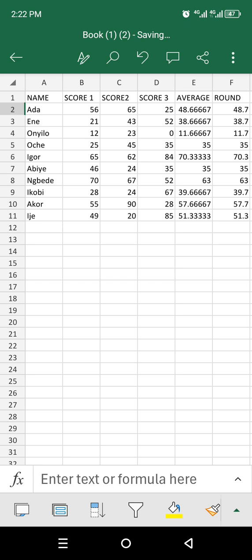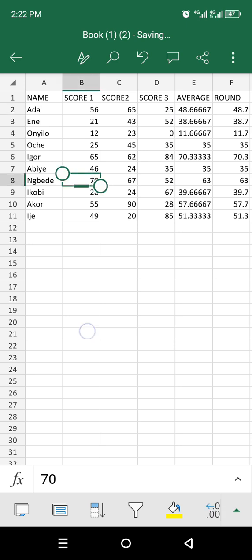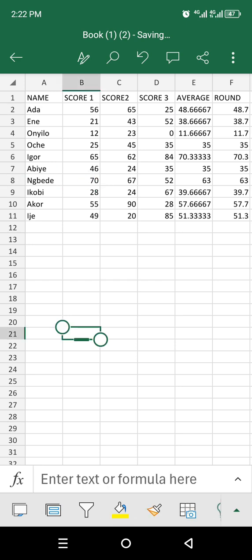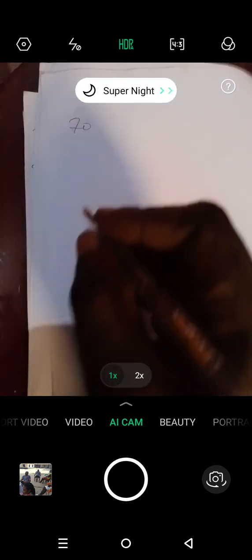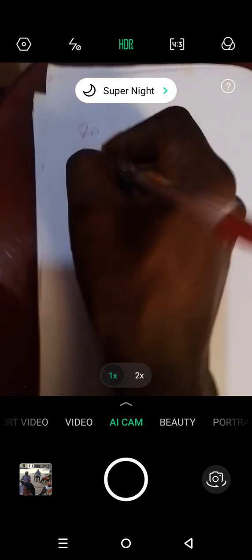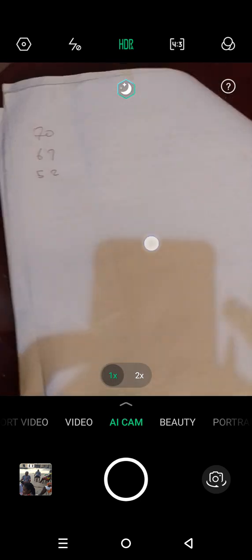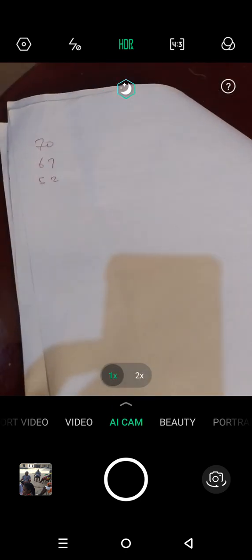Let us say in our number 8 here, if we pick the numbers 70, 67, 52, which give an average of 63, let us find the standard deviation of that and see what we will have. If we have 70, 67 and 52, the first thing we do here is to find the average, which is the mean.